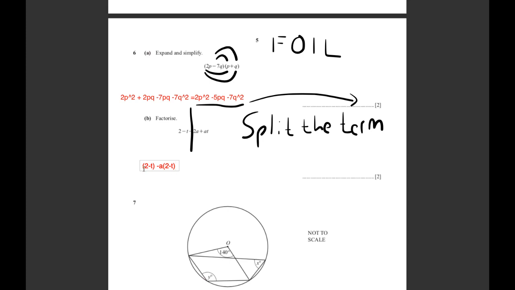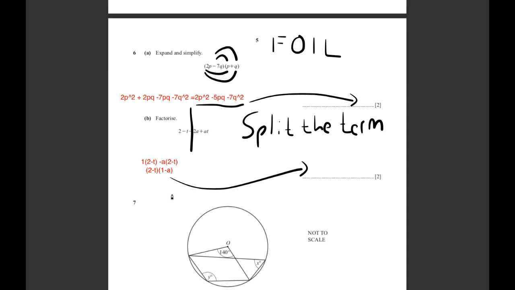And remember, if there's nothing in front of the bracket, this is just a 1. So what we're going to do now, very sneaky, is we're going to collect up the 2 minus t's together. Whatever we're left with outside the bracket goes in the other bracket. So we get 1 minus a. And that is our answer. So that goes over here.